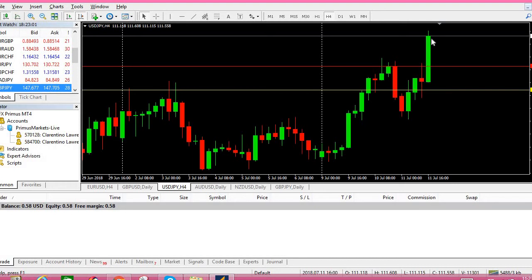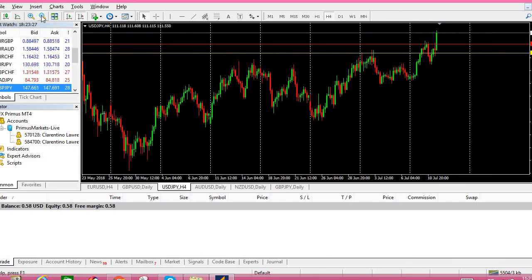Will the momentum continue? Okay, usually what happens in this case is it will follow this particular pattern. Strong movement upwards, some consolidation, a bit of retracement going down and shooting up. Will this happen for this particular case? It might happen. So how do we enter the market in this kind of scenario?